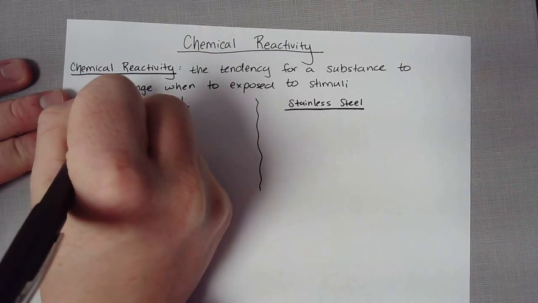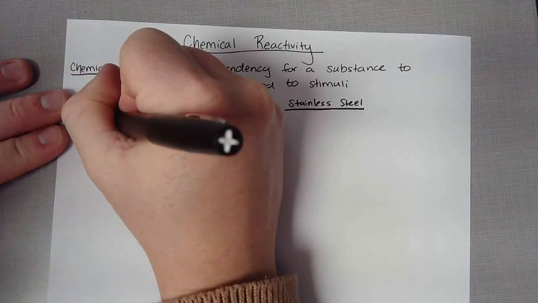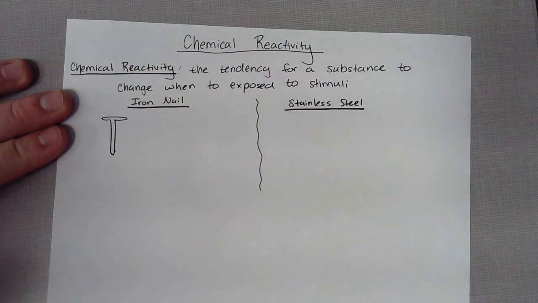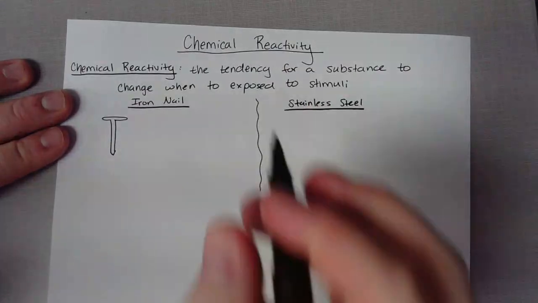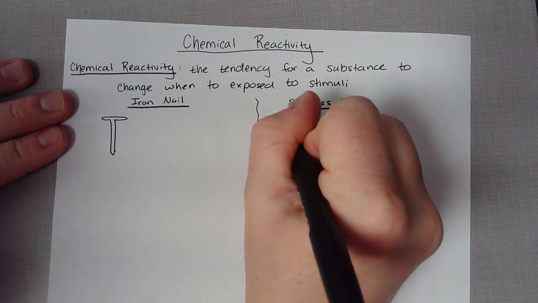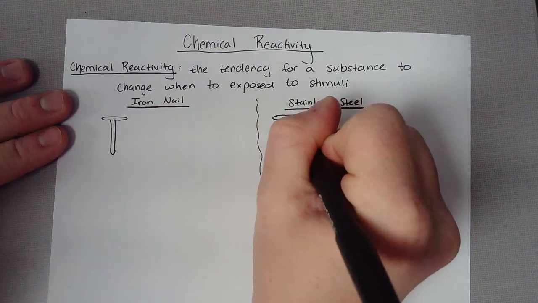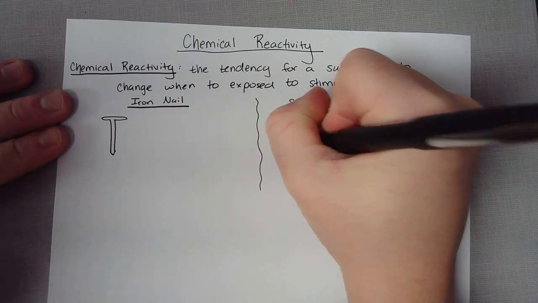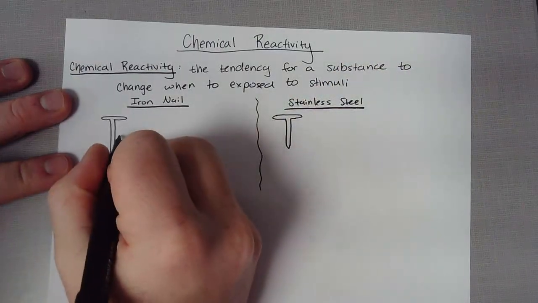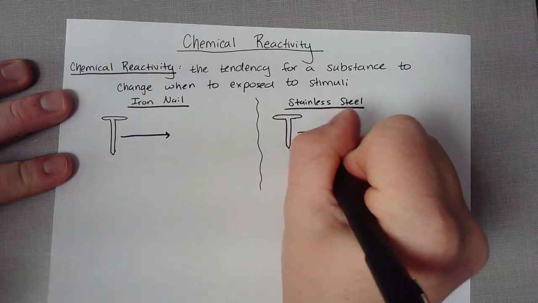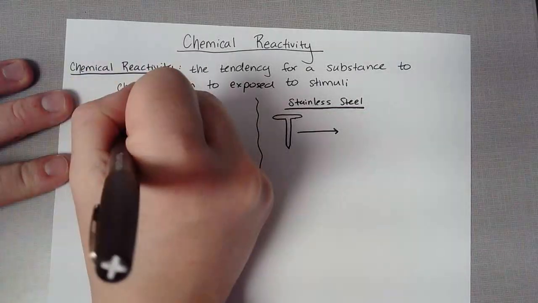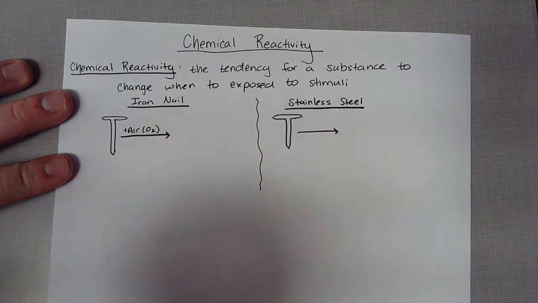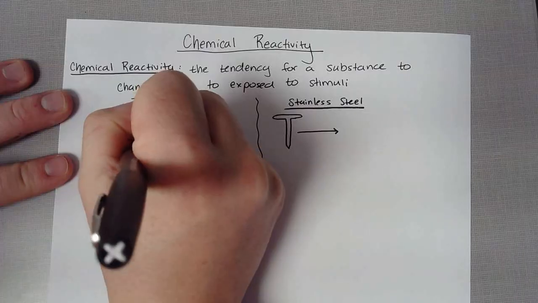So we're going to take two samples and expose them to the same stimuli. We're going to leave them outside, which means they're going to be exposed to air containing oxygen or O2, as well as water.